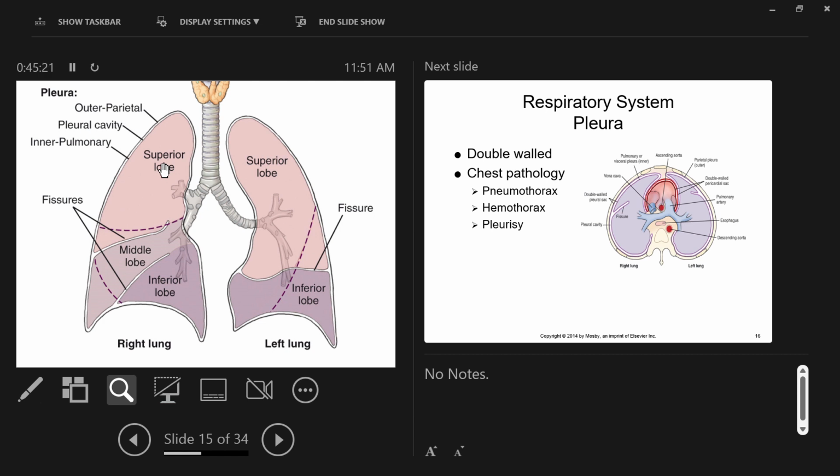In certain cases, there can be infections in the pleura, and it becomes very painful to breathe because that extra accumulation of stuff creates friction, and the friction hurts when we breathe. So we call it the pleura, or pleural space, and it's made up of two membranes, the parietal pleura, which is the outer one, and the inner pulmonary pleura, the inner one.